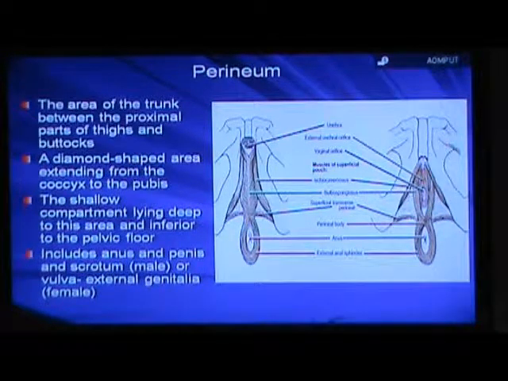The shallow compartment lies deep to this area and inferior to the pelvic floor. So it includes the anus and penis and scrotum in male, or the vulva, so the external genitalia, in female.